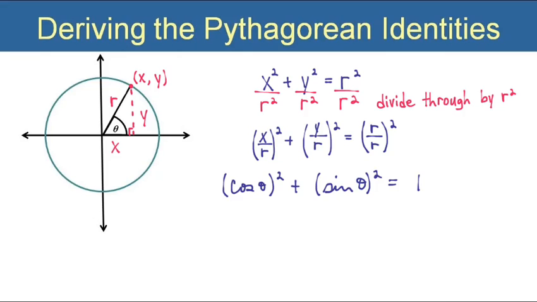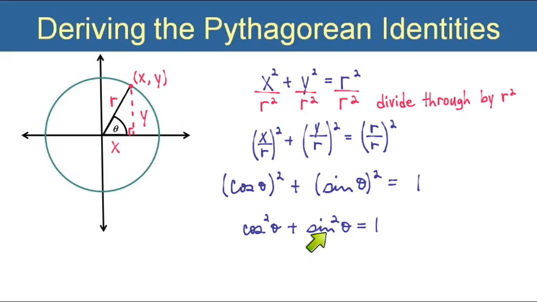So to avoid confusion, we put the square here so that we can avoid using parentheses. And so this means the same thing as that. This is the function value squared. This is also the function value squared. I just wanted you to know what this notation means. So cosine squared plus sine squared equals 1.